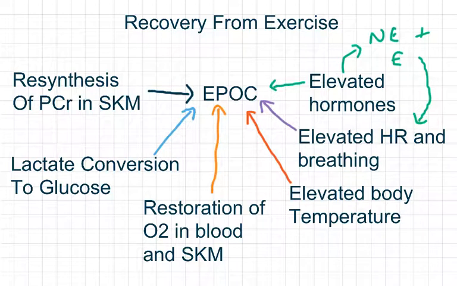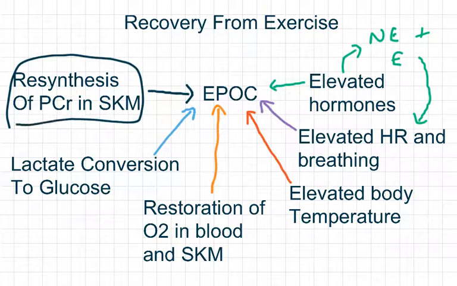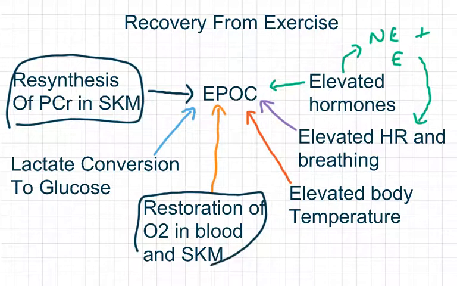And so if you look at these factors, we can identify which ones affect which components of EPOC. So, for example, the resynthesis of phosphocreatine in skeletal muscle and the restoration of oxygen in the blood and skeletal muscle, these deal with the fast component of EPOC.